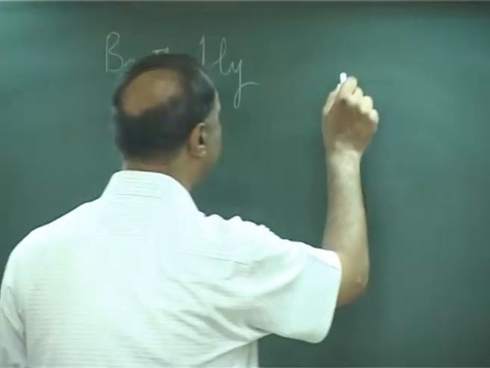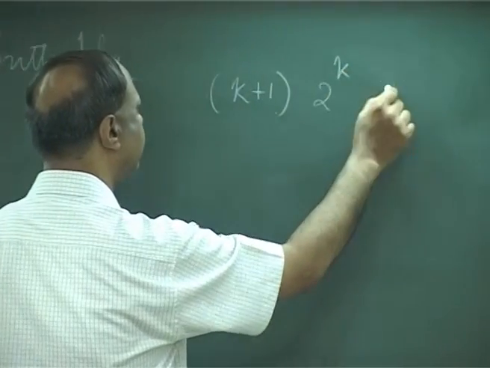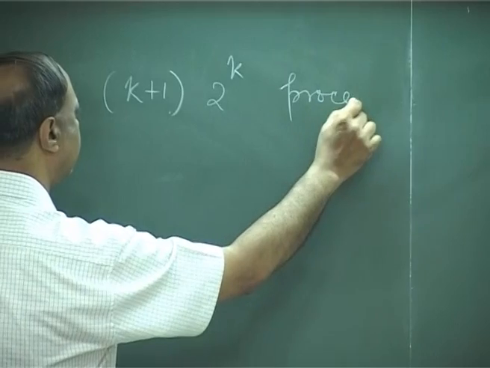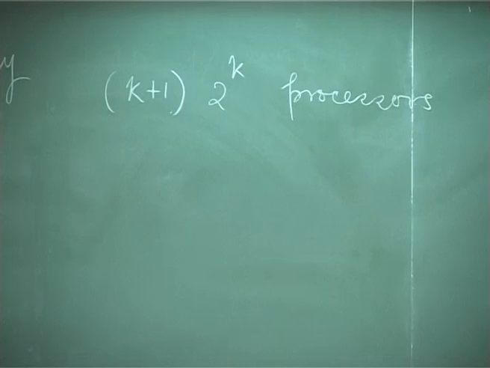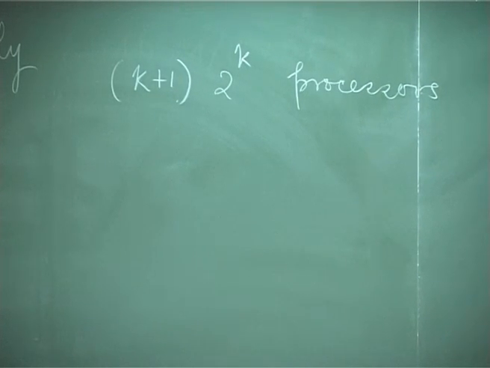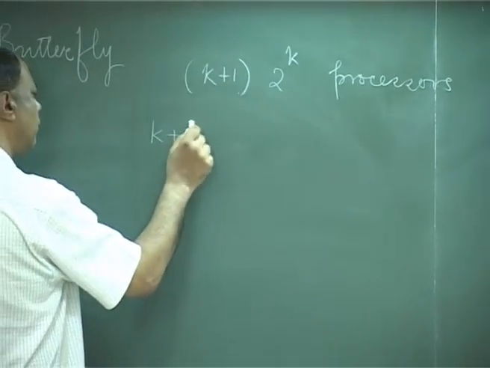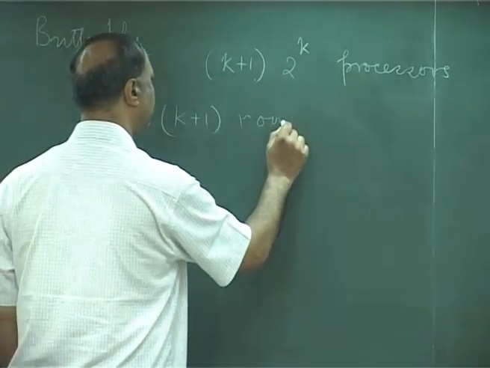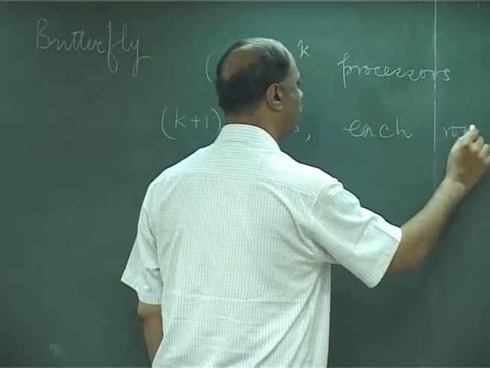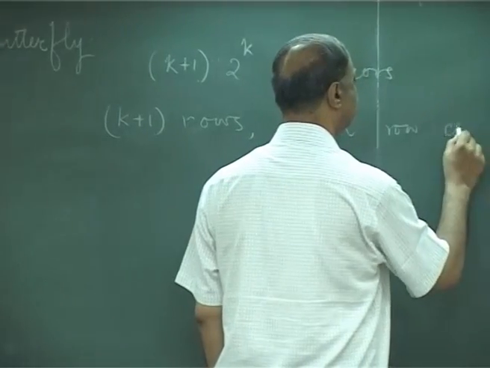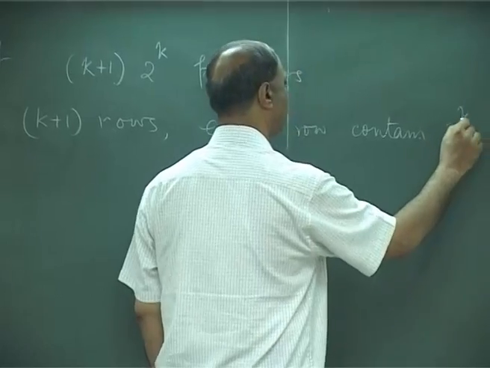It consists of (k plus 1) times 2 to the power k processors. These processors are divided into k plus 1 rows, and each row contains 2 to the power k processors.